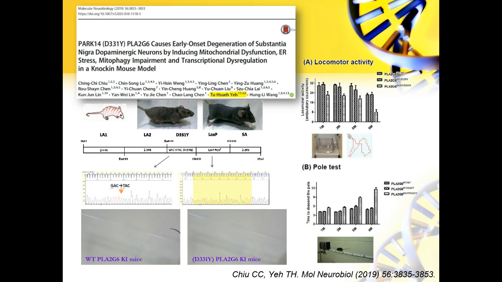Compared with the wild-type and heterozygous D331Y mice, the homozygous PLA2G6 D331Y knock-in mice exhibit reduced locomotor activity assessed by ambulatory count and increased time to descend the pole in the pole test at the age of 6 and 9 months, representing the motor phenotype of Parkinsonism.